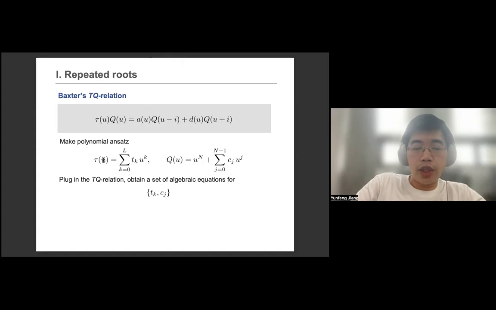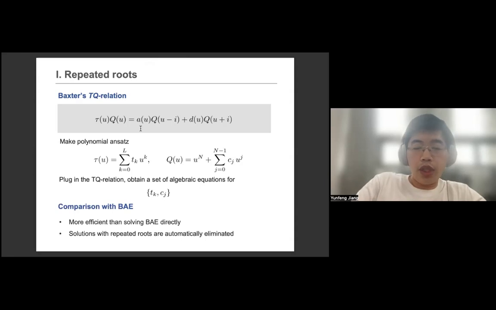You can assume that tau(u) is a polynomial of order L, and Q(u) is also a polynomial of order n. Then you plug tau(u) and Q(u) into this TQ relation, and you compare the coefficients of u on both sides. In this way, you obtain a set of algebraic equations for the coefficients t_k and c_j.